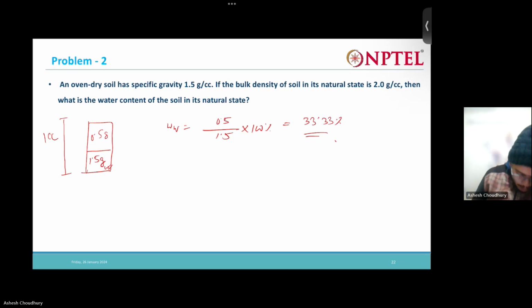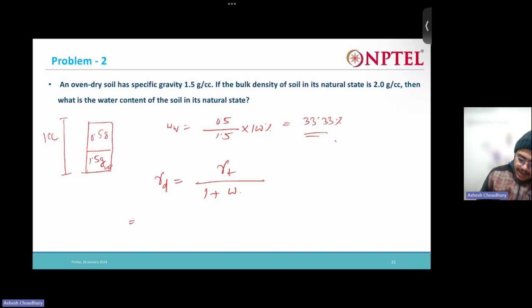Then one more way you can do. There is one relation that dry density is total density or bulk density by 1 plus water content. So what is the dry density? 1.5. What is the total density? 2. 1 plus water content.